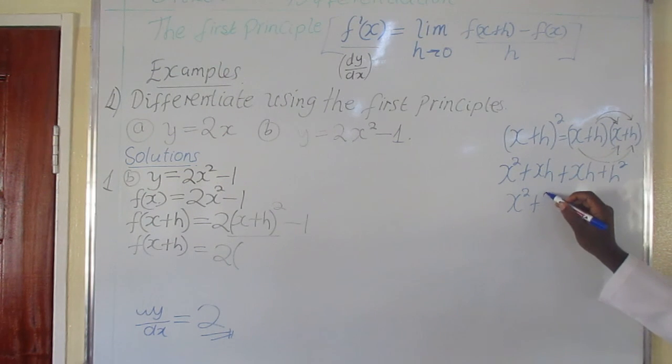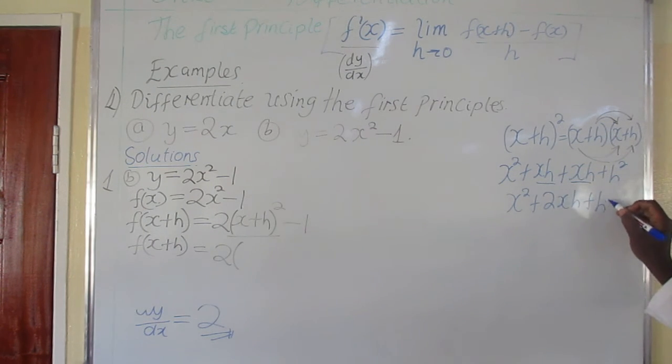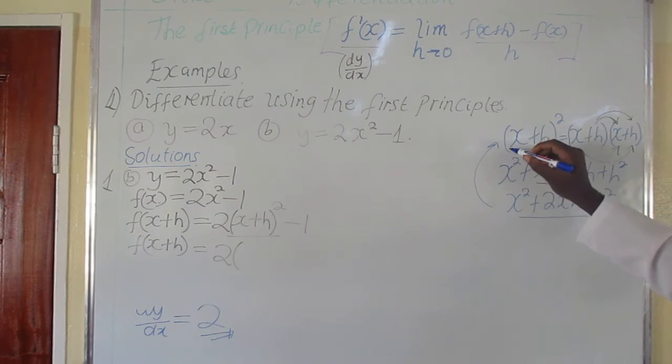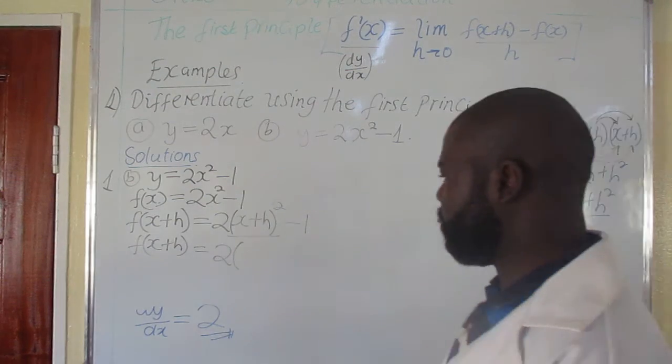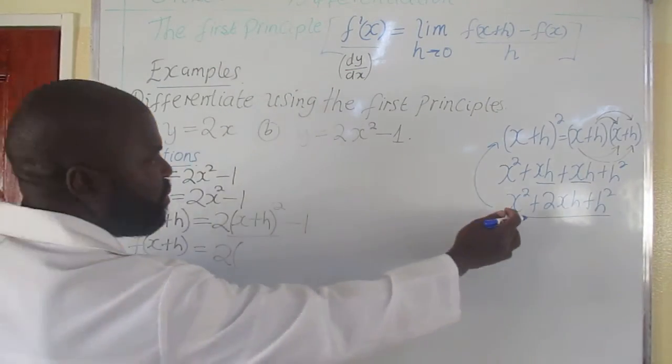So wherever we have x plus h squared, we are going to substitute by this one. Similarly here, where we have x plus h squared, we put this expansion.